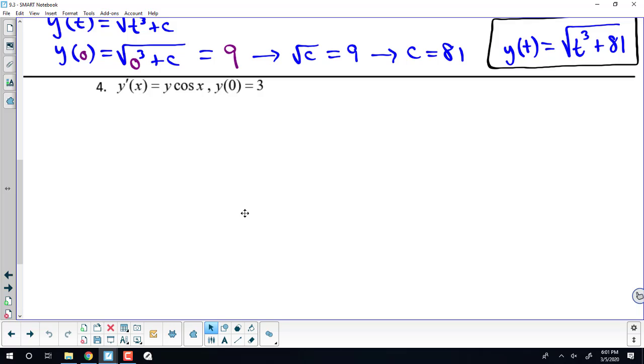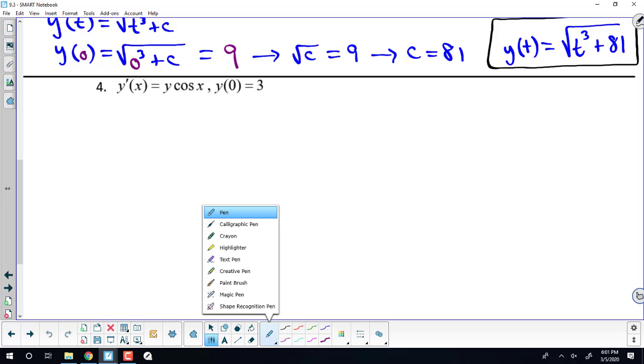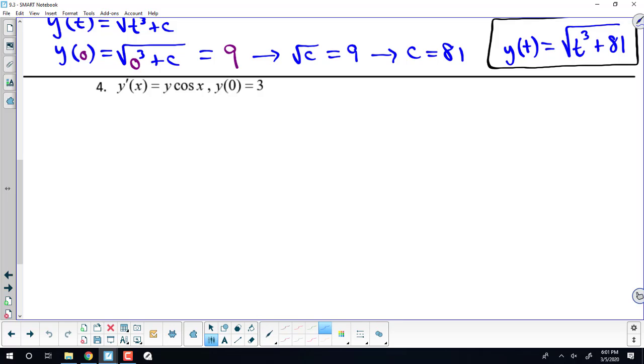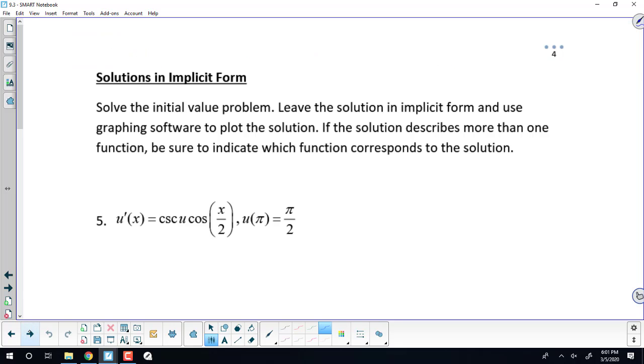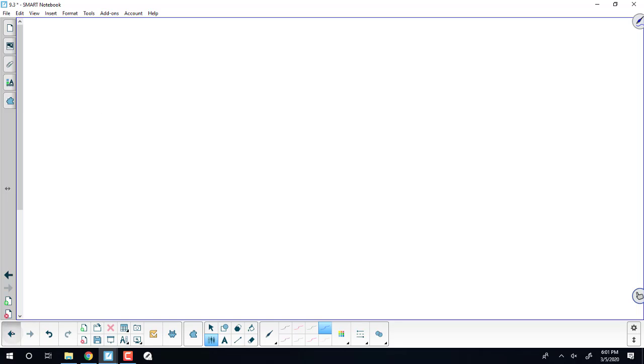Yeah, it comes quick. Okay, so we were talking about separable differential equations. There's actually this example and an implicit form example left.